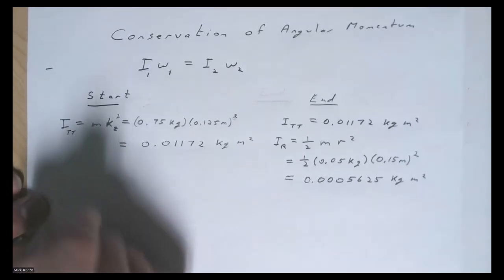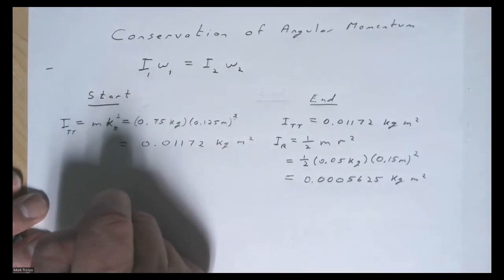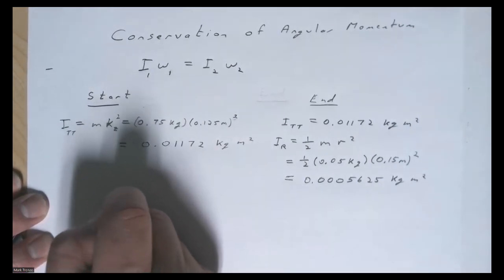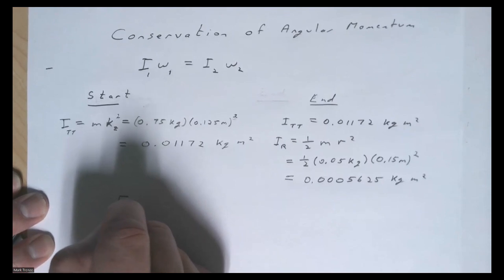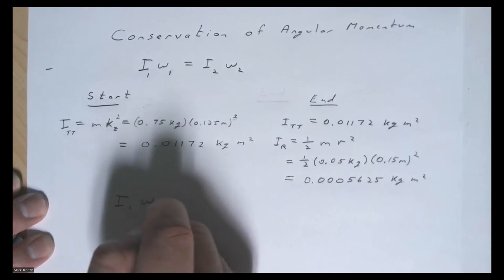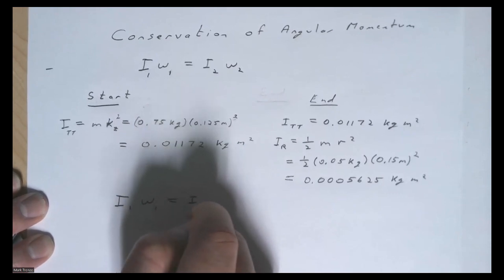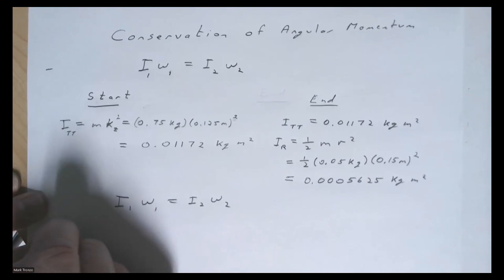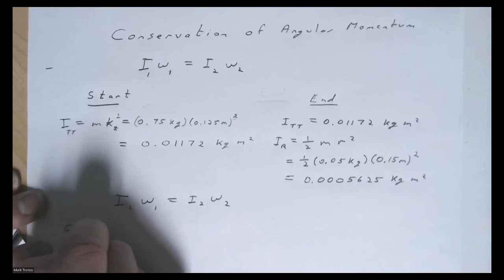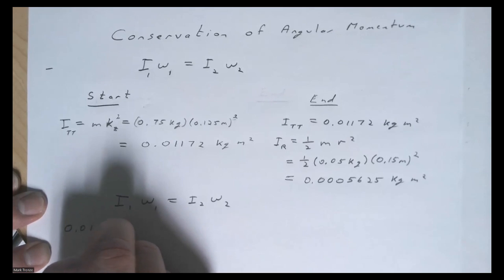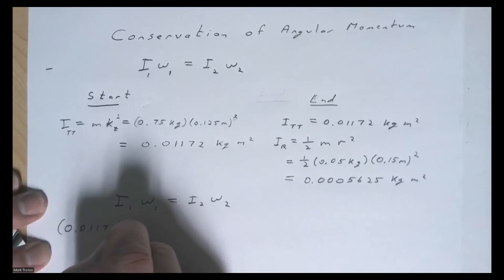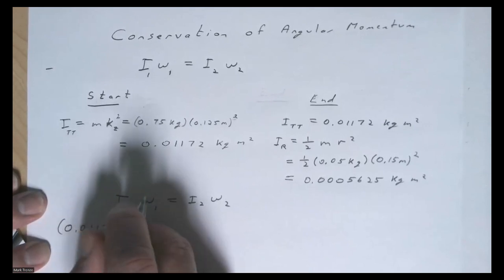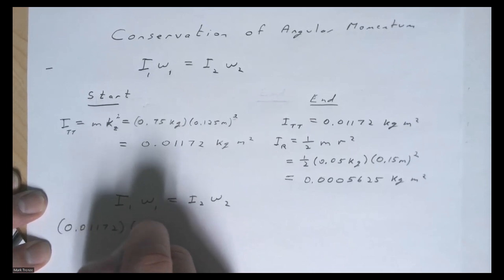So then let's go ahead and calculate this. Again, we're going to use conservation of angular momentum. And we have I1 omega 1 equals I2 omega 2. And our starting I was 0.01172. And our omega 1, we were told, is 2 radians per second.